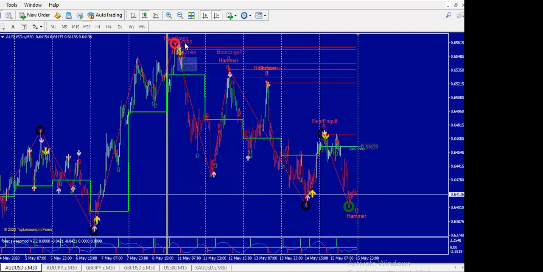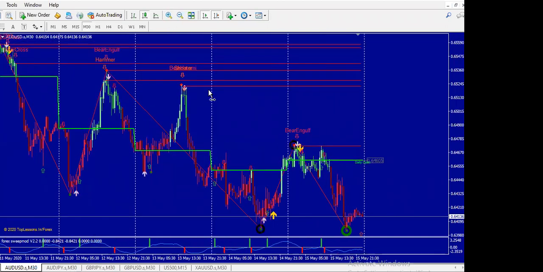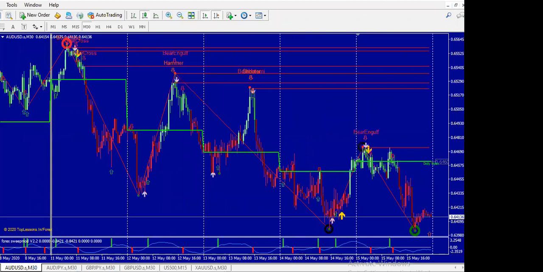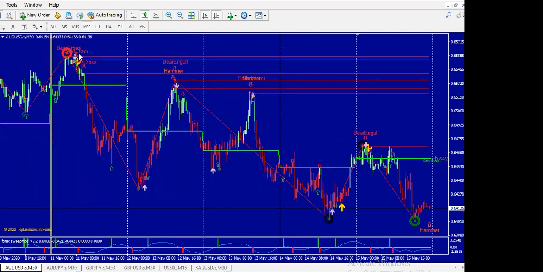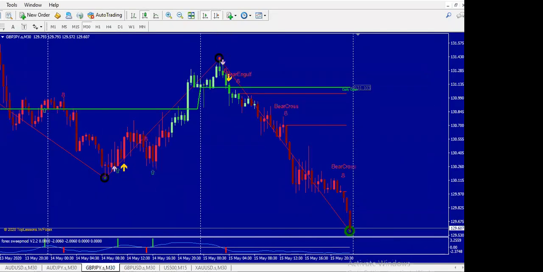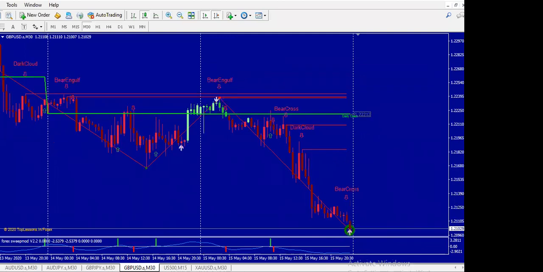If you look over here, we can find on the daily, we're on the 30-minute chart. And over here is a weekly. And what it means is that there is a bearish cross in the currency here.